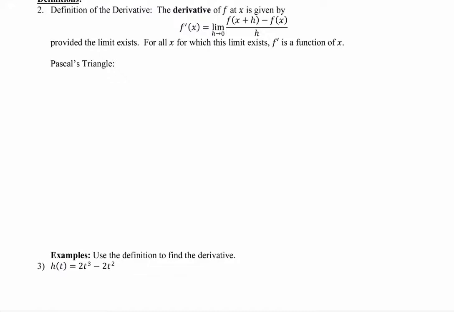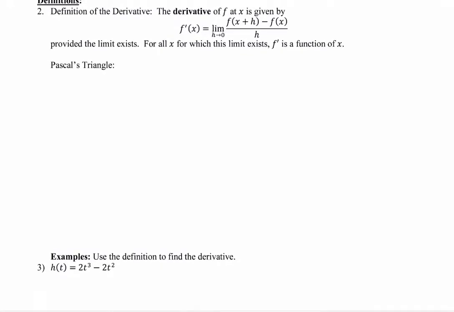In the second example, we need x to the 4th. So remember, Pascal's triangle tells us the coefficients of, and this time I'm not going to use a, I'm going to use x plus h to the n. And so if I have x plus h to the 0, that's 1.